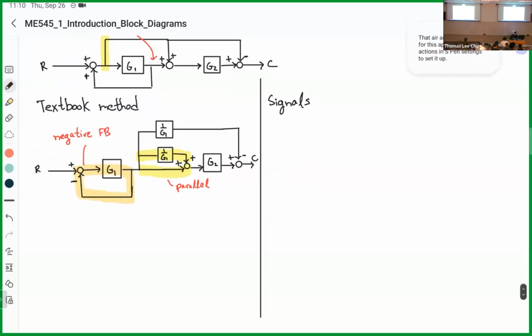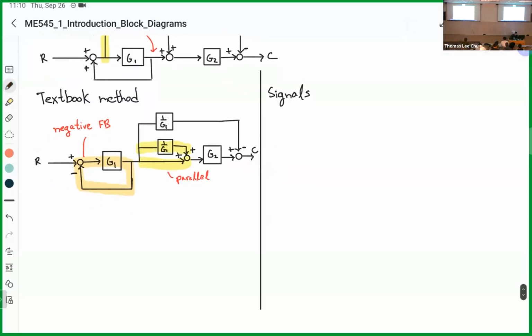So let's apply negative feedback. It's not a plus sign anymore, it's just signal going straight into it. So negative feedback is going to be G divided by 1 plus GH. And in this case, H is equal to 1.